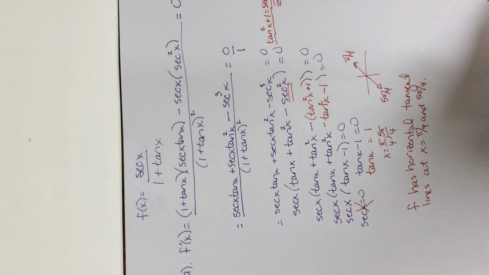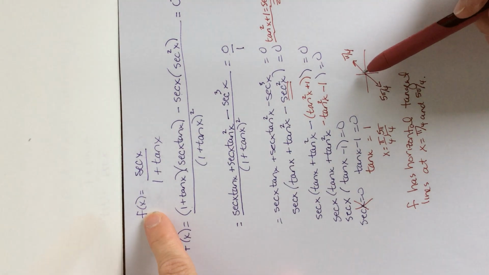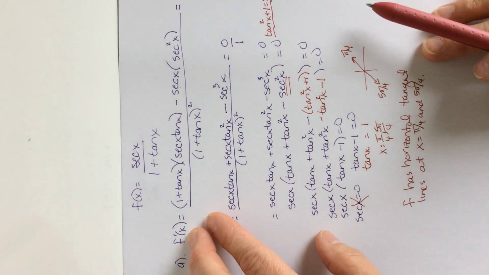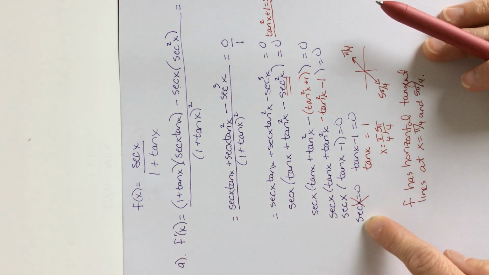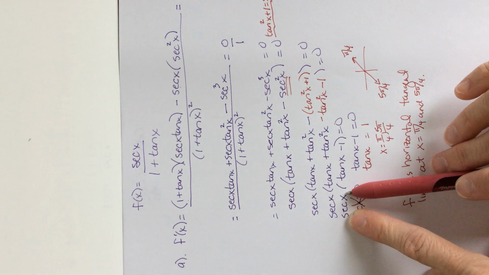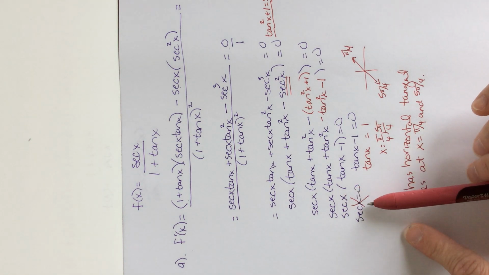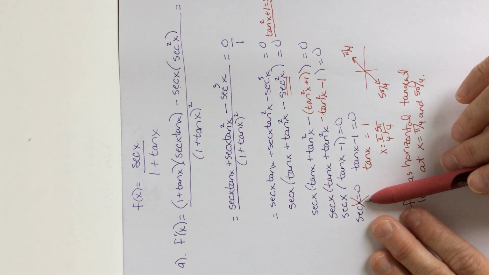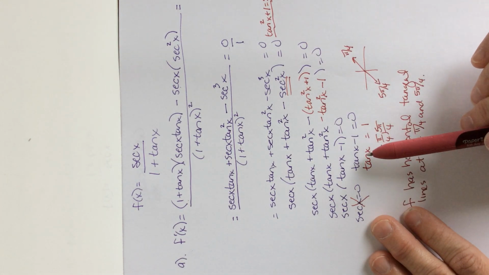So we had to find the derivative of f. And in cleaning up the derivative, we needed to identify where secant of x was 0, which there is no angle measure. Remember, x represents an angle measure. There is no angle measure where secant is 0.